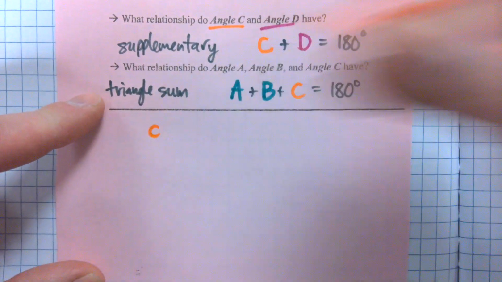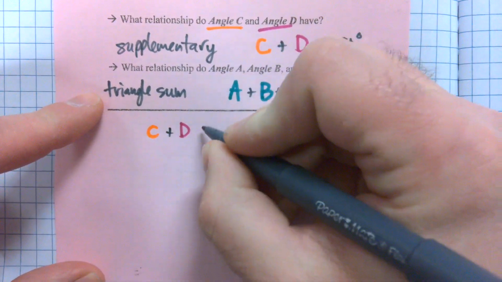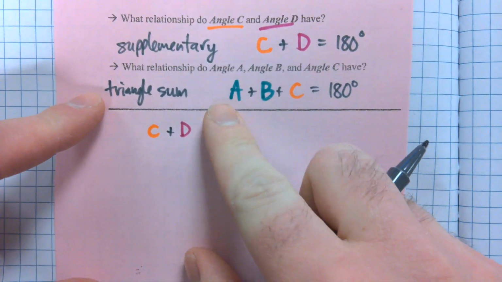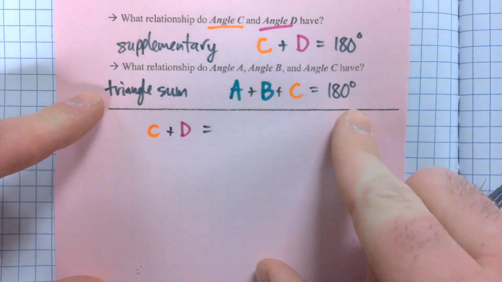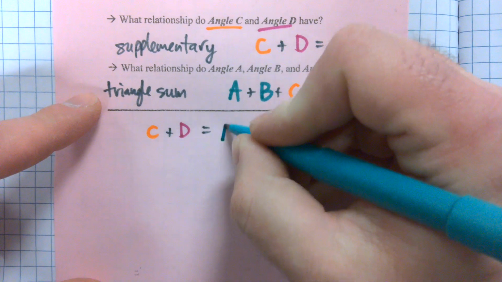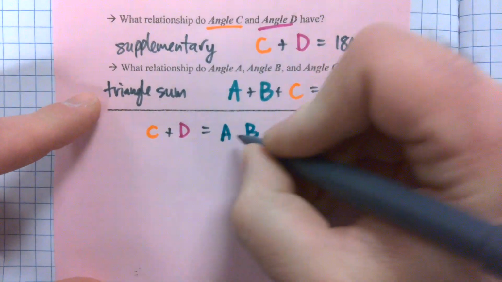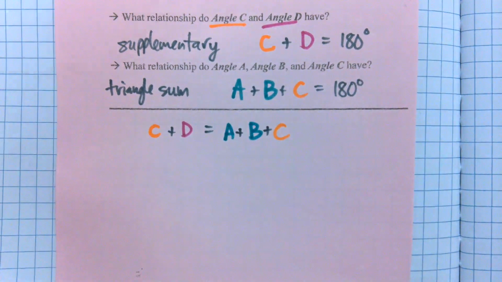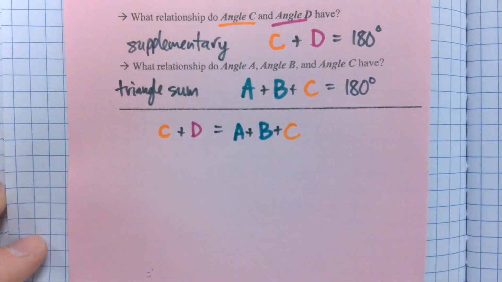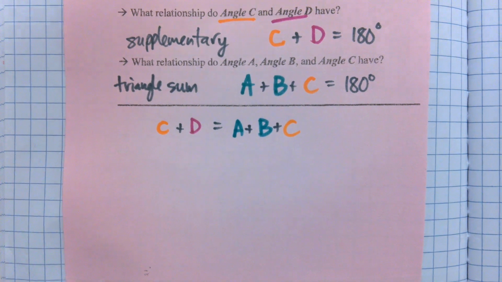So if C plus D is equal to 180 and A plus B plus C is 180, then these two expressions have to be equal to each other. It's called the transitive property. Have you guys ever heard of that before or no? Probably not. That's okay.